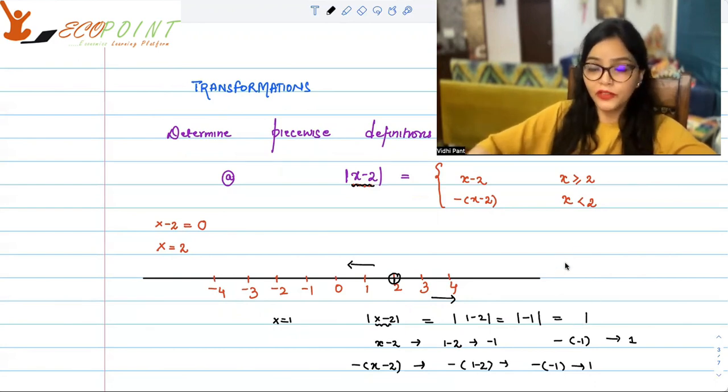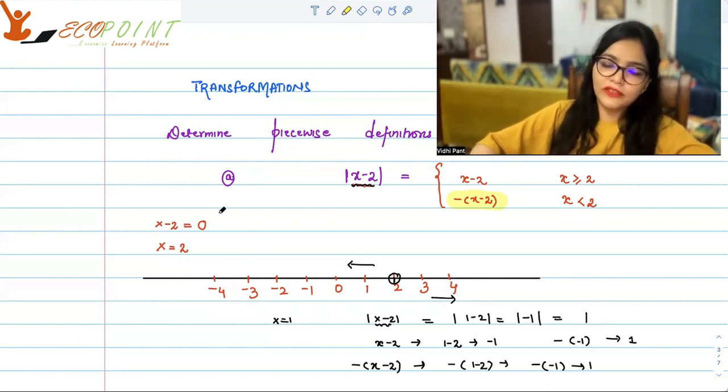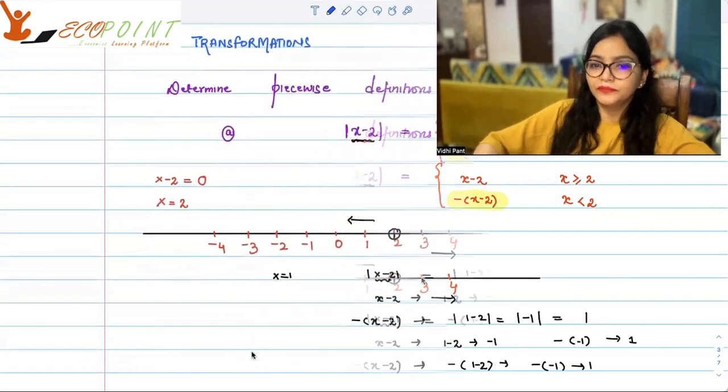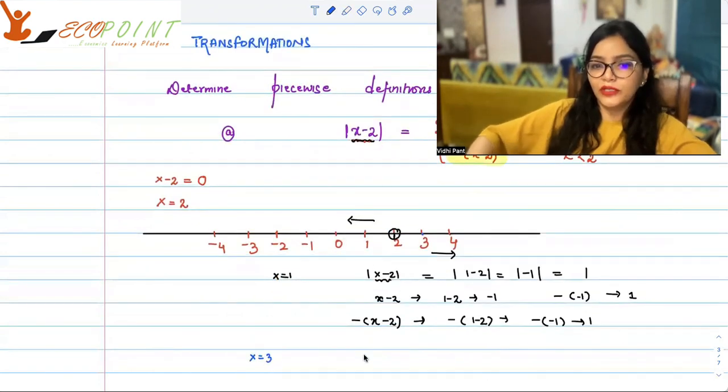Okay, I hope you're together at this. And that is why I mentioned that when x is less than 2, you will have to take the function as minus of x minus 2. Similarly, you could have taken any other value lesser than 2. Now let's take a value which is more than 2. Okay. Let's take the value 3. When x is equal to 3, consider mod x minus 2.